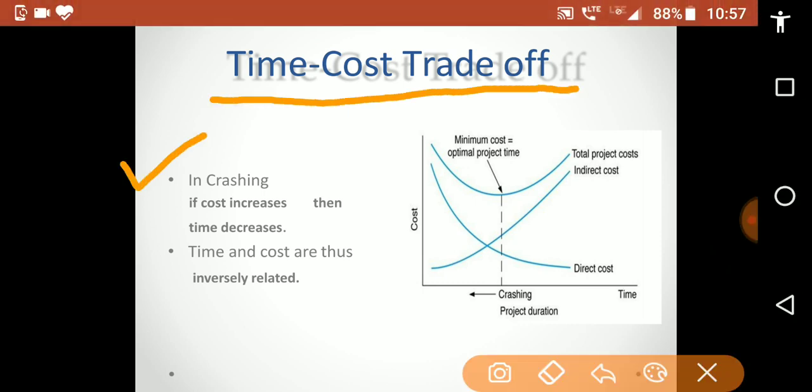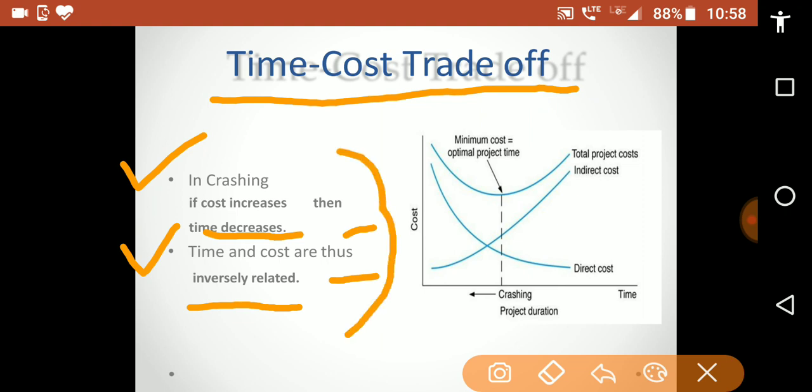In crashing, if the cost increases, then the time decreases. Time and cost are thus inversely related.